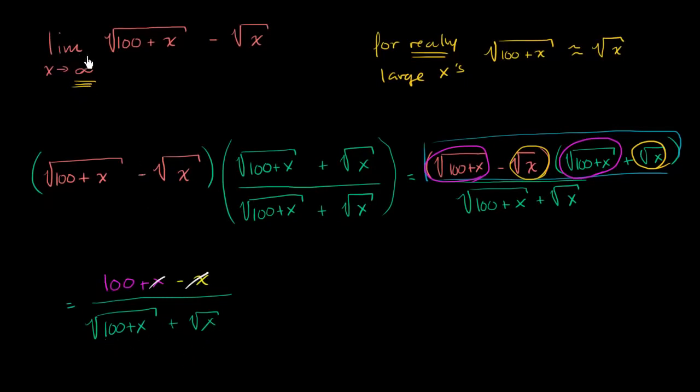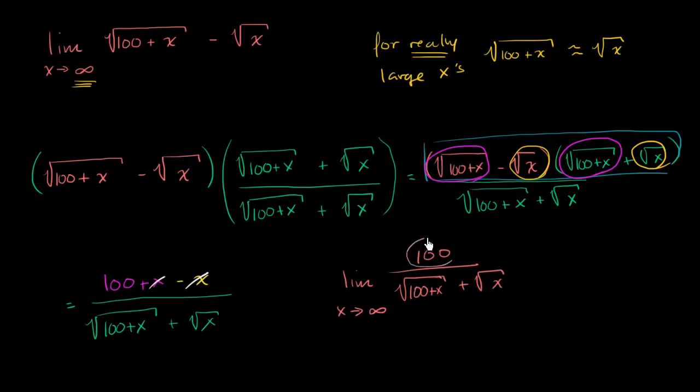So we could rewrite the original limit as the limit as x approaches infinity. Instead of this, we've just algebraically manipulated it to be this: the limit as x approaches infinity of 100 over the square root of 100 plus x plus the square root of x. And now it becomes much clearer. We have a fixed numerator.